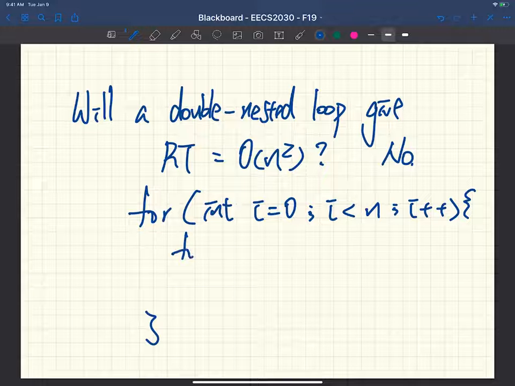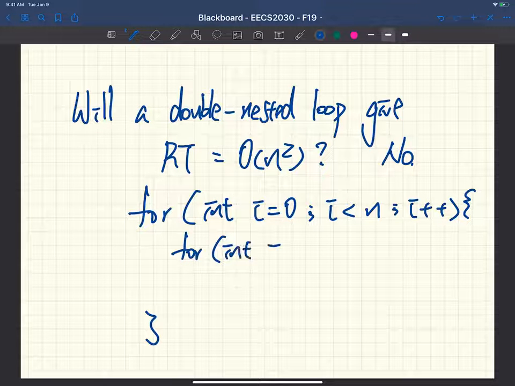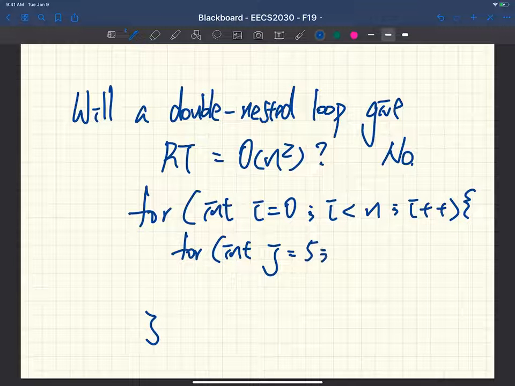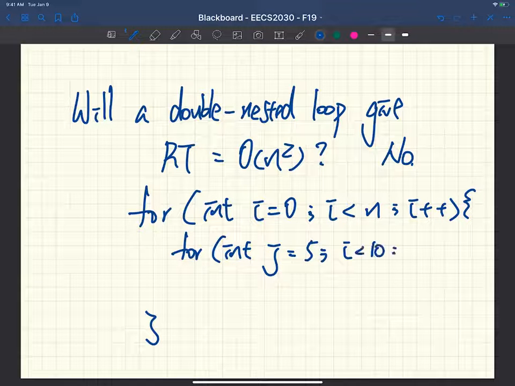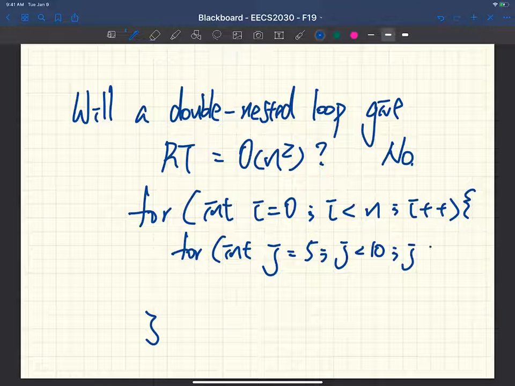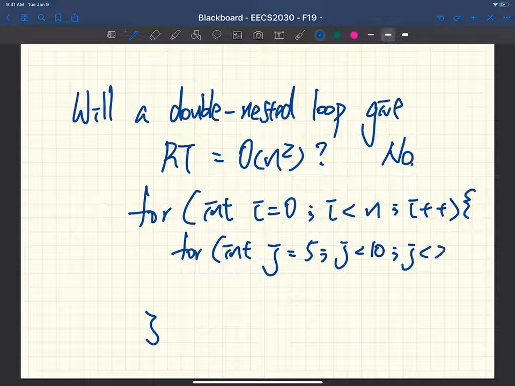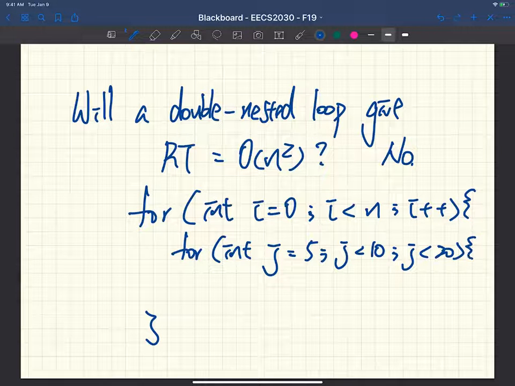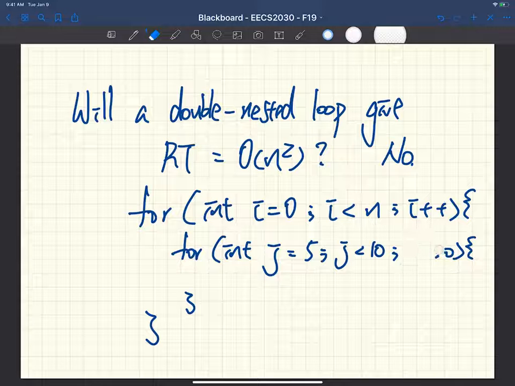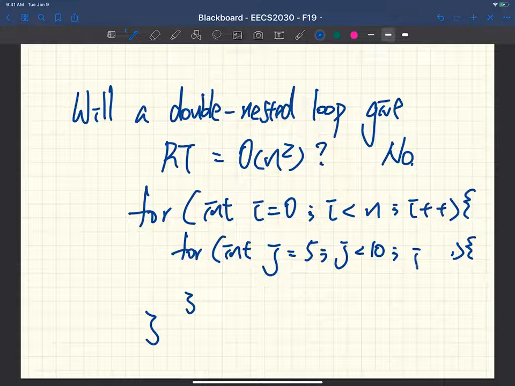And then for integer j, use a different loop counter, j is 5, j less than 20, j plus plus.